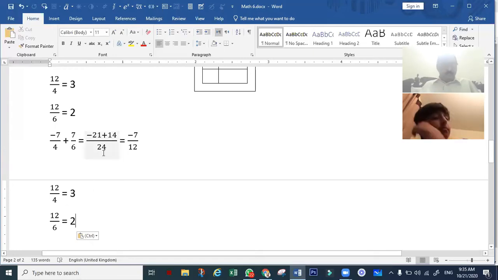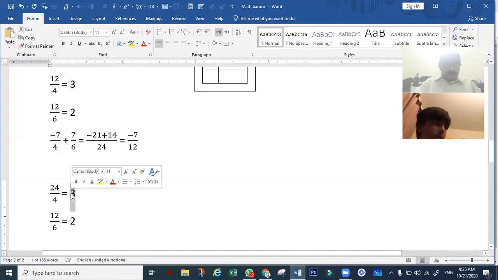Now 24 is there. Write down 24 here. It is divided by 4. So what do we get? 24 by 4 is 6. Minus 7 times 6 is?